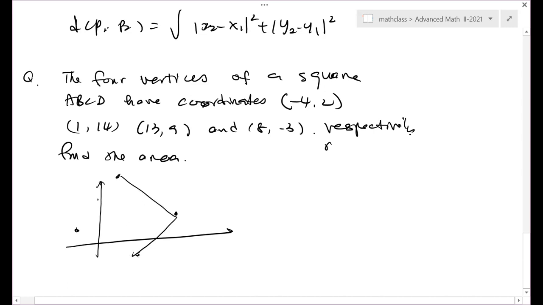Something like that, I just sketch. So this is going to be 8, -3, 13 and 9, and 1 and 14, -4 and 2.